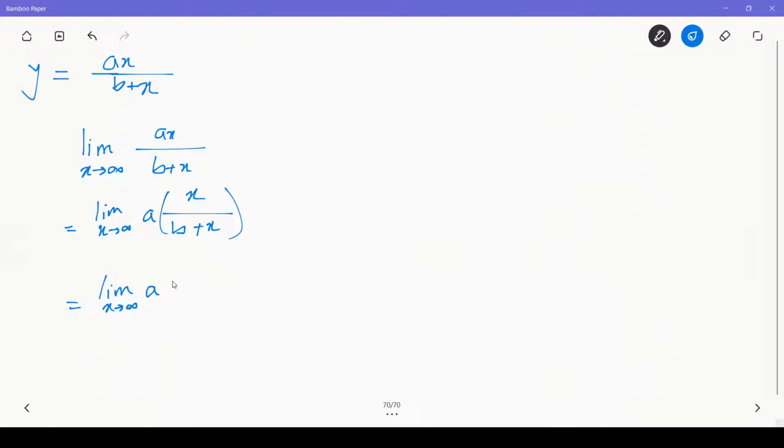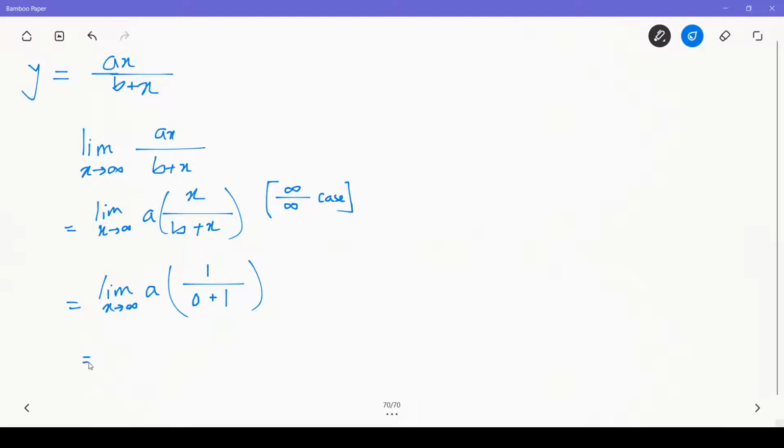If you guys recall from your HSC calculus chapter, we use the L'Hopital rule in our limit problems, right? So this becomes an infinity by infinity case of the L'Hopital rule. We differentiate the numerator and the denominator. d/dx of x is 1, divided by d/dx of b plus x, which is 0 plus 1, so we get 1, right?